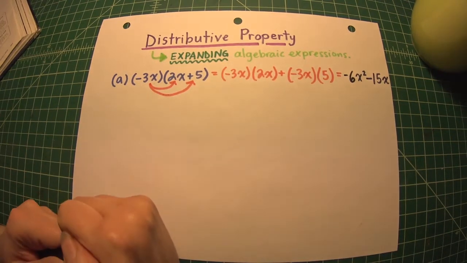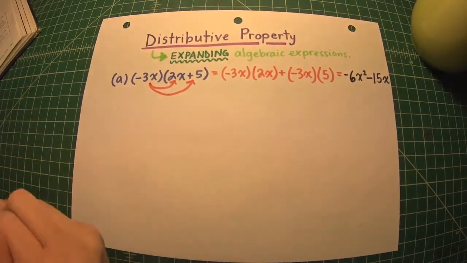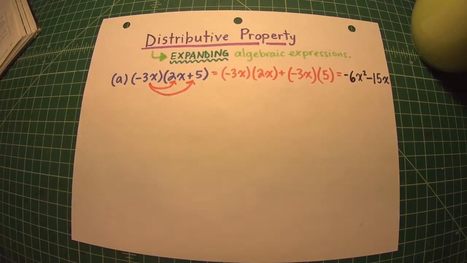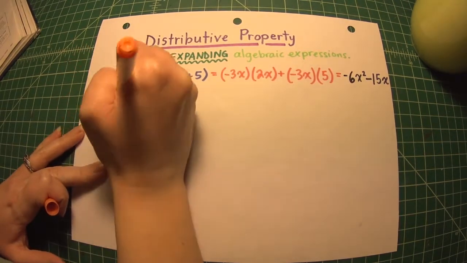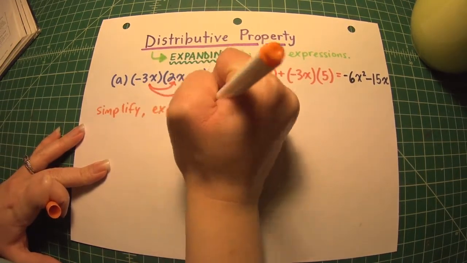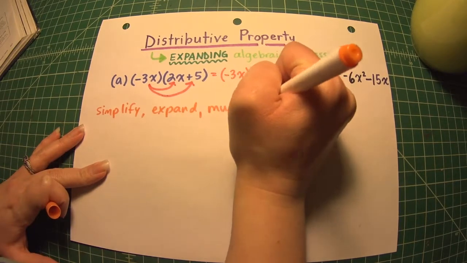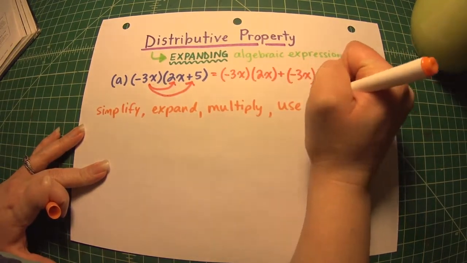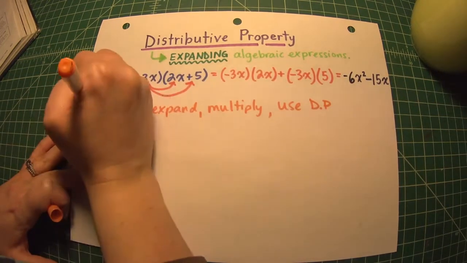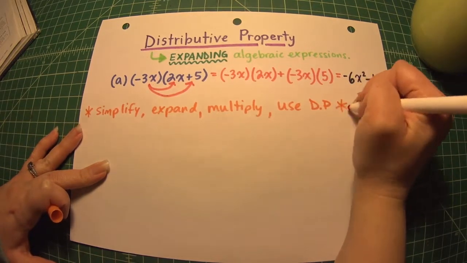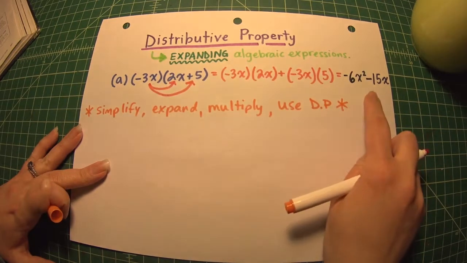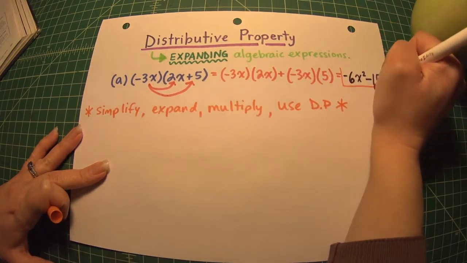So anytime the question says anything like simplify, or if it says expand or multiply or use distributive property, okay, all of those words mean the same thing. It means that they want you to get from having two polynomials being multiplied together to just one. Okay, get to an answer.